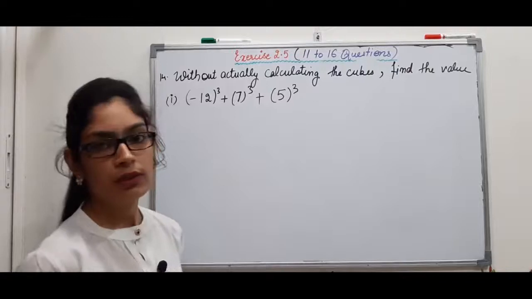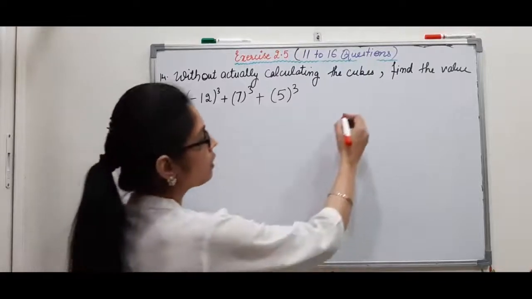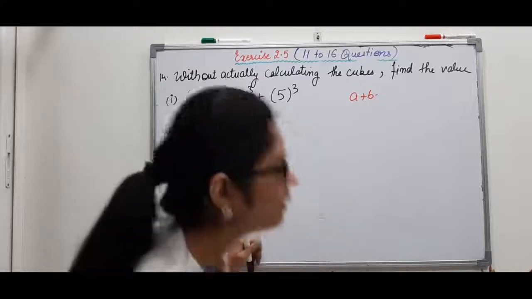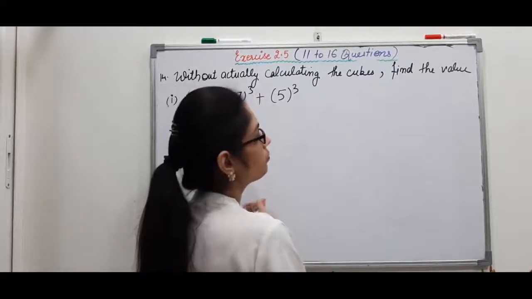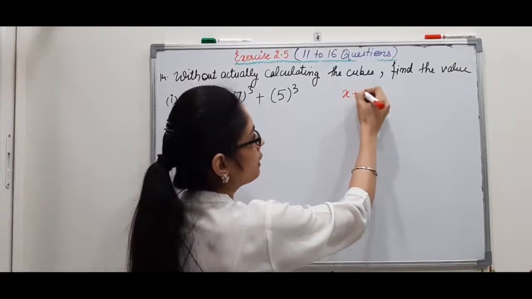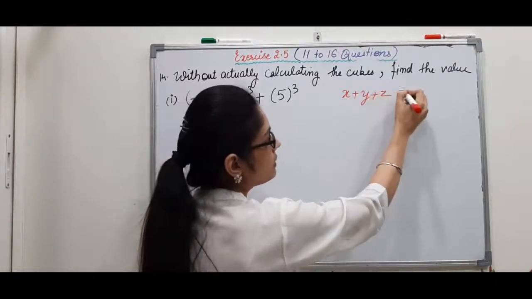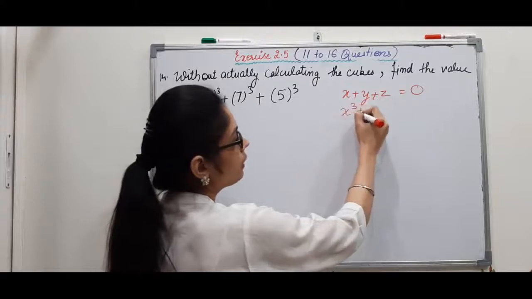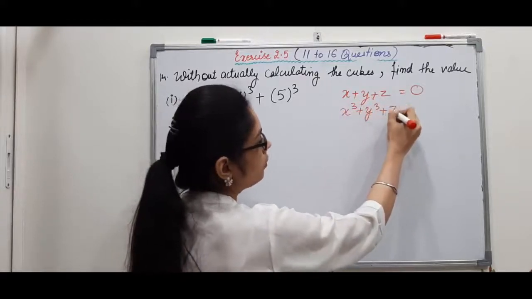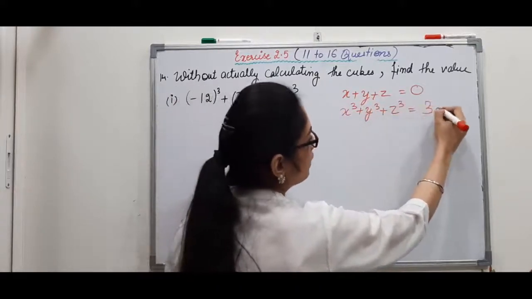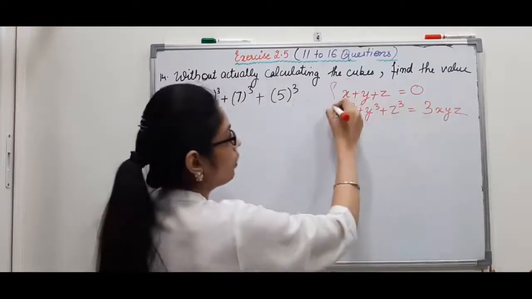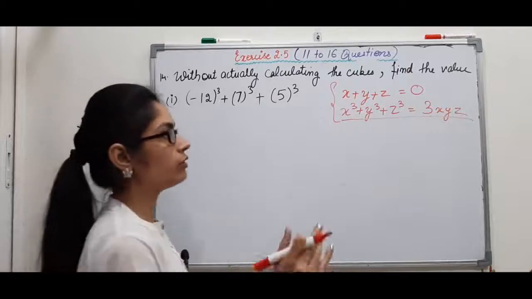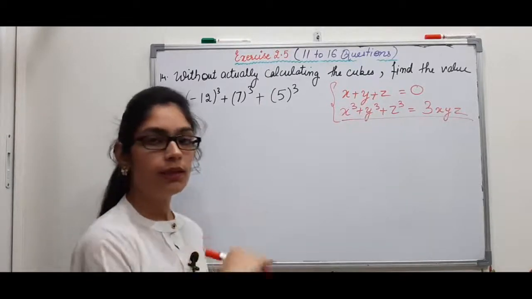In the previous question we have already proved that if a plus b plus c, or x plus y plus z, in any form you can write, if x plus y plus z is equal to 0, then x cube plus y cube plus z cube is equal to 3xyz. This is what we have already proved, so we are going to use it in this question.